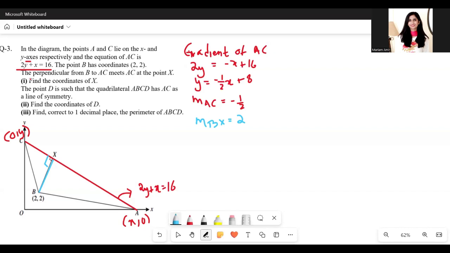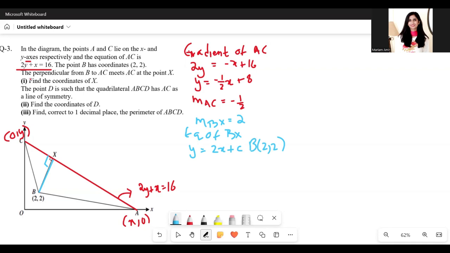Okay. Now, the equation of BX would be y equals mx plus c. To find c of the line BX, we need a point on the line BX, which we're given, (2, 2). Let's use that.